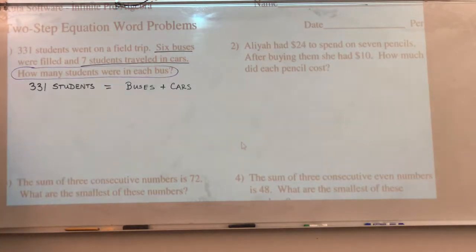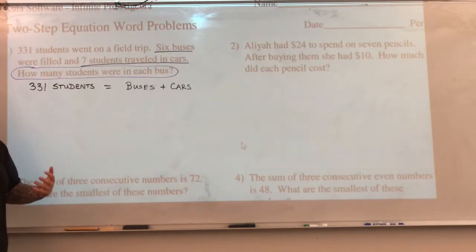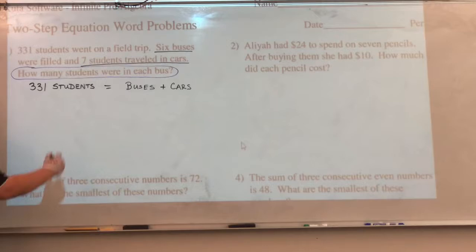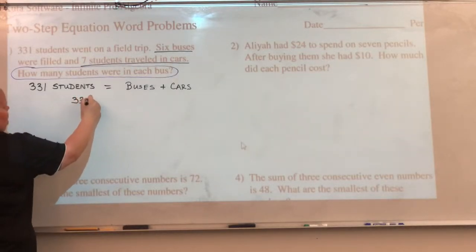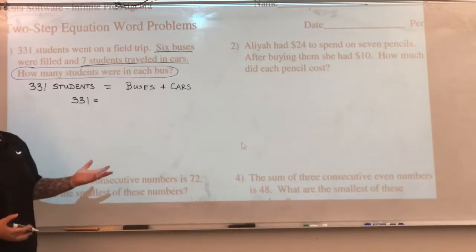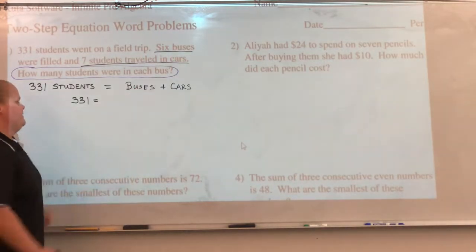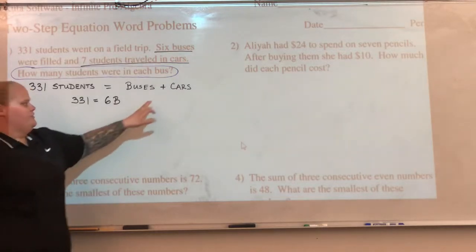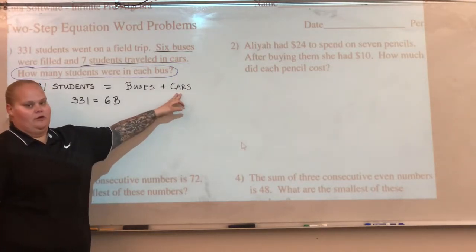Now the thing is how many students were in the buses. We need to know this. So I know that 331 students traveled in 6 buses, so I have 6 of these, 6 buses. I also know that 7 students traveled in cars.